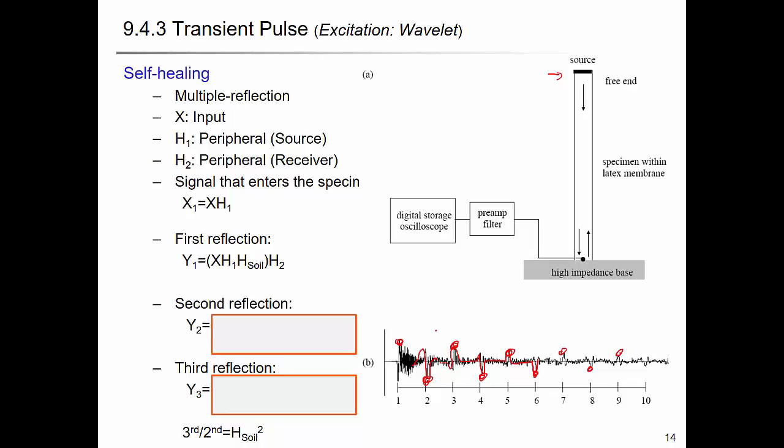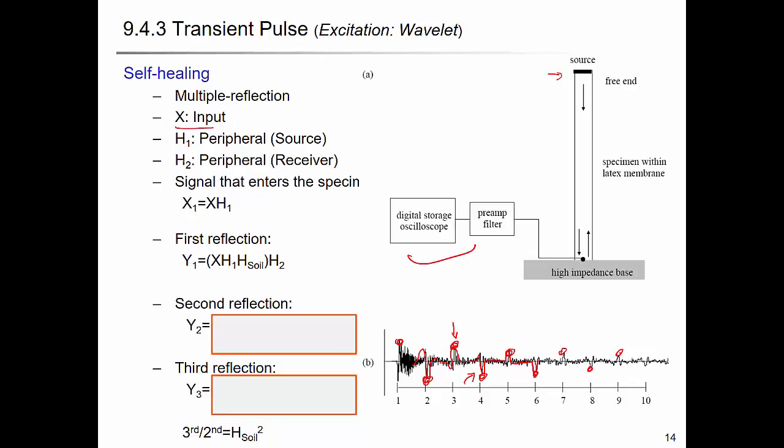So then, if you just pick up this one and this one, then you can ignore all the peripheral frequency response. So self-healing means that you can cancel out all the peripheral electronic device effect here using the multiple reflection.